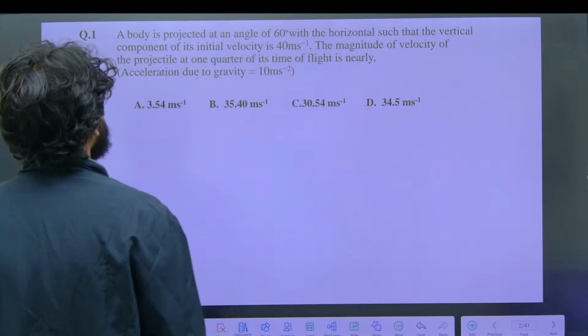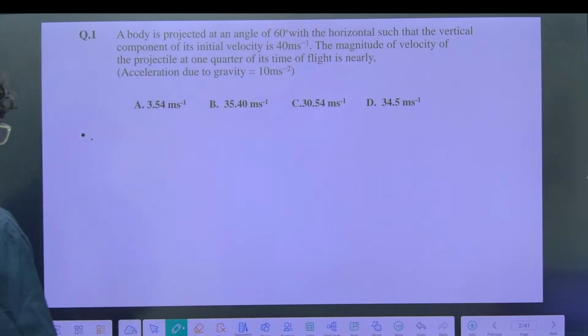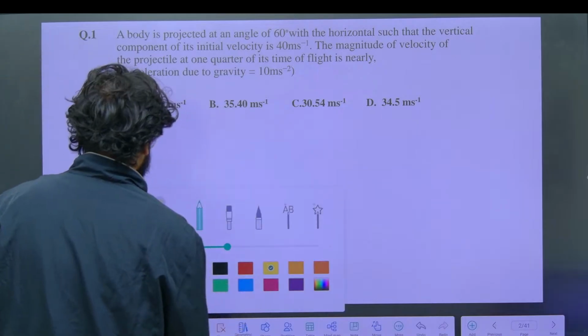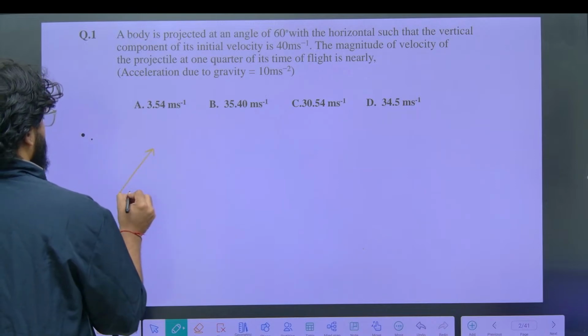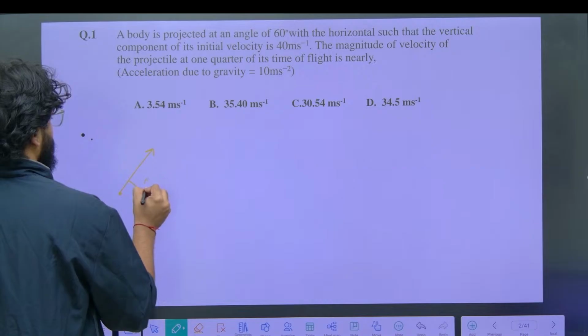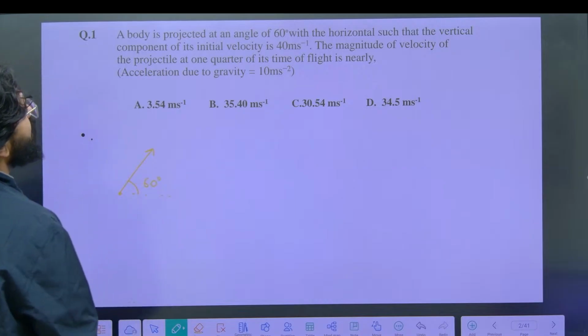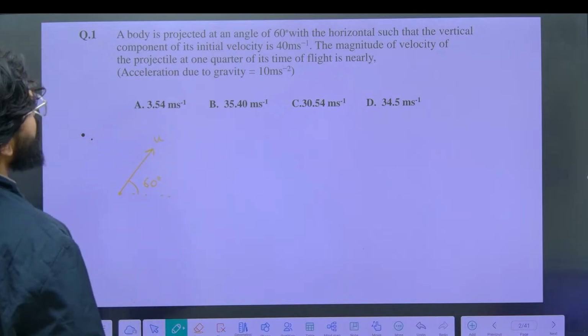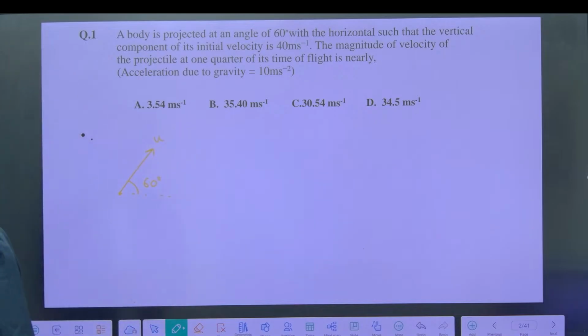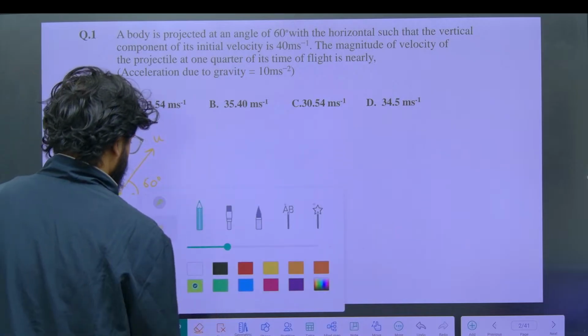So our first question is this. A body is projected at an angle of 60 degrees with the horizontal. So the body is something like this. It is projected at 60 degrees with the horizontal. Let's say this velocity is u, such that the vertical component of the initial velocity is 40 meter per second.